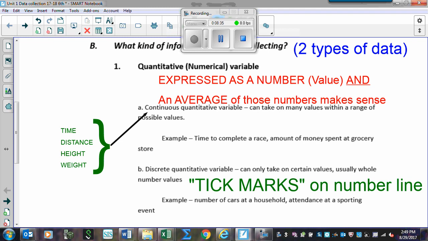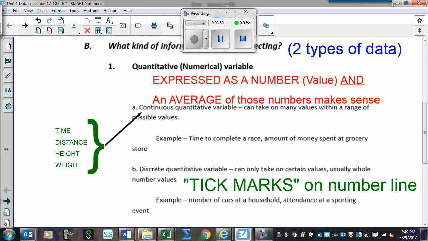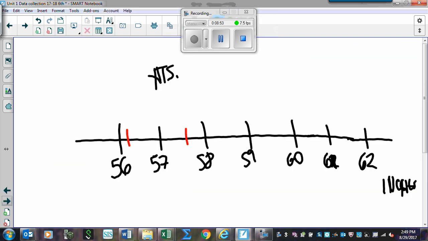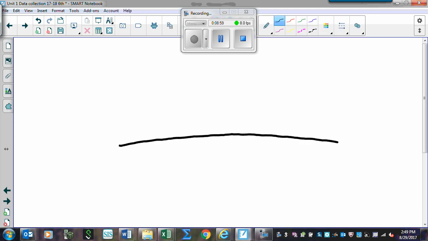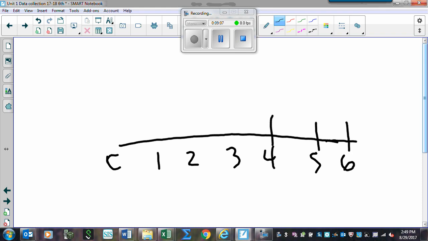But anyways, so for continuous data. But discrete data, I call that tick marks on the number line. And so if I make another scale, and I'll start at 0, and I asked a question, how many siblings do you have?